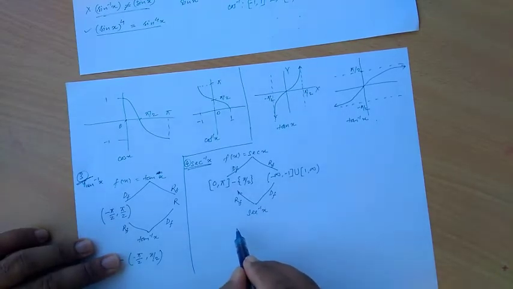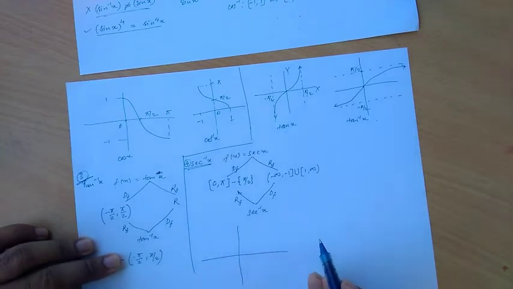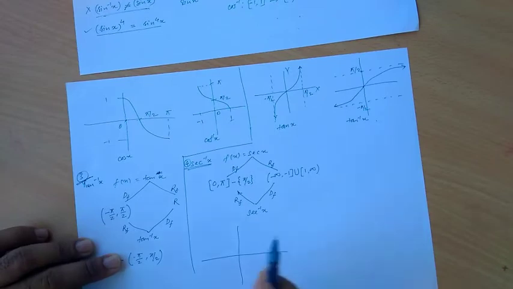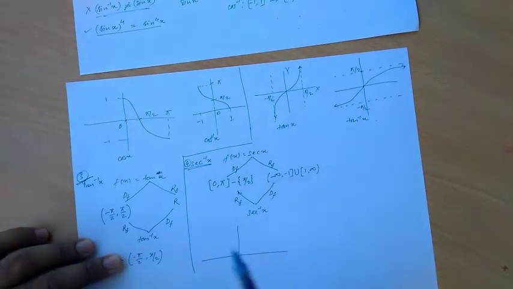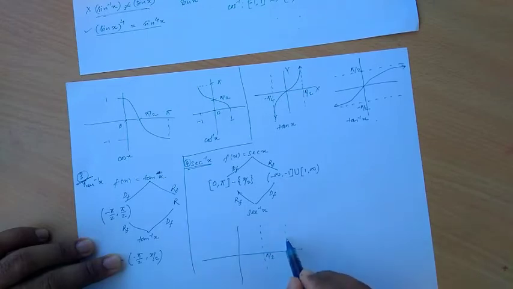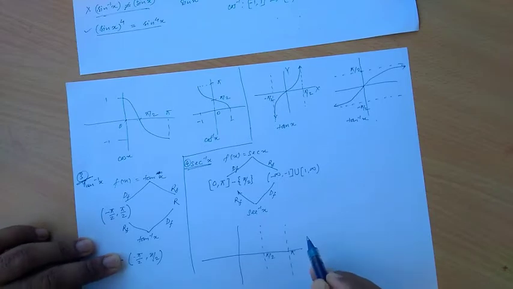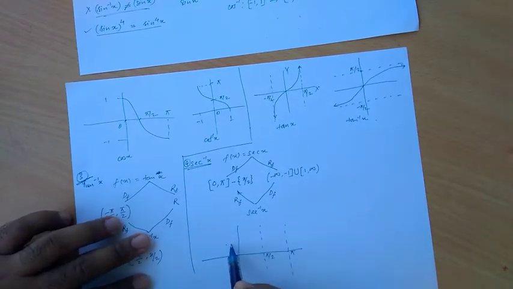We will see the graph, particularly in the interval 0 to pi. I'll draw. This is pi by 2 and this is pi, and this is 1 and this is minus 1.